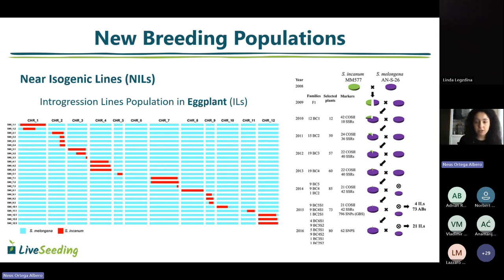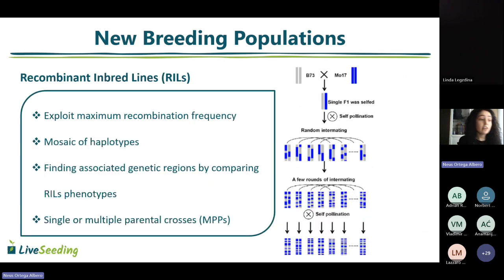Another type of new population in breeding are the recombinant inbred lines. So these types of populations exploit the maximum recombination frequency within the existing lines.